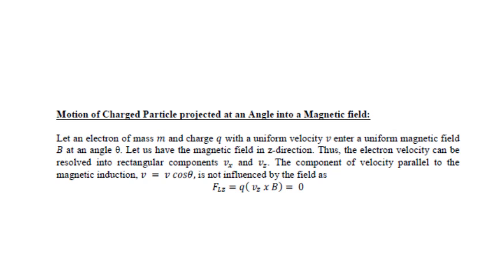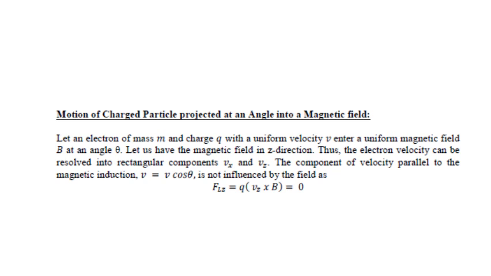The electron velocity can be resolved into two components, Vx and Vz. The component of velocity parallel to the magnetic direction, that will be V cos theta, will not be influenced by the field, as we already discussed.